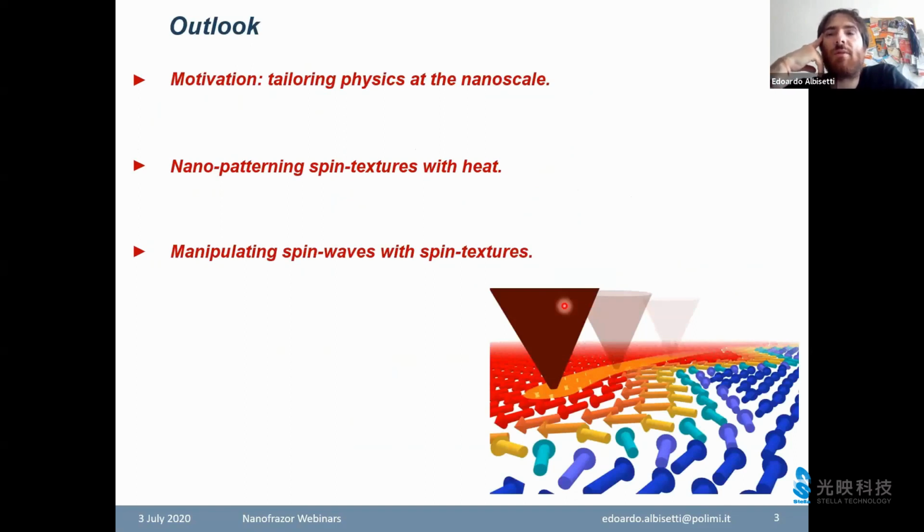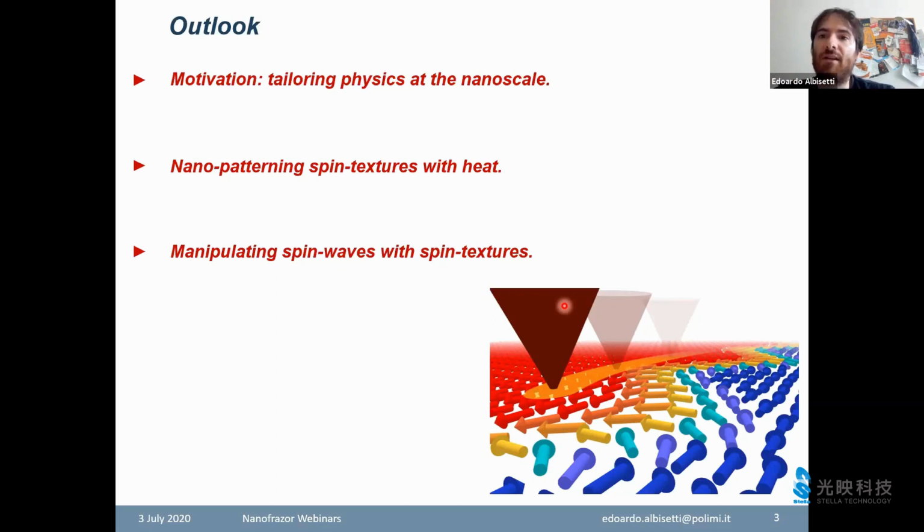This is the outline of the presentation. First, I will talk about the motivation for our work, a little bit more in general than the particular application that I will talk about. The motivation is to try to find new ways for tailoring the physics of material at the nanoscale for building new materials. Then I will talk about the specific technique that we developed that is used for patterning spin textures, so zones of the magnetic materials with a well-defined direction of the magnetization using the heated tip.